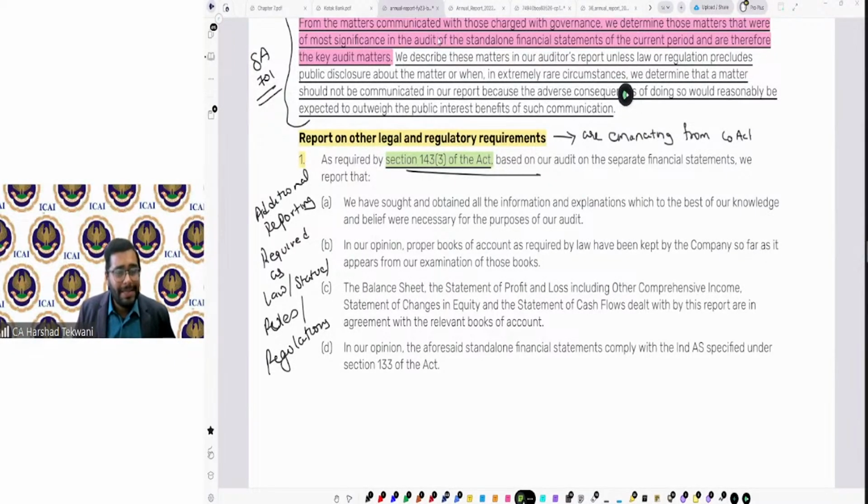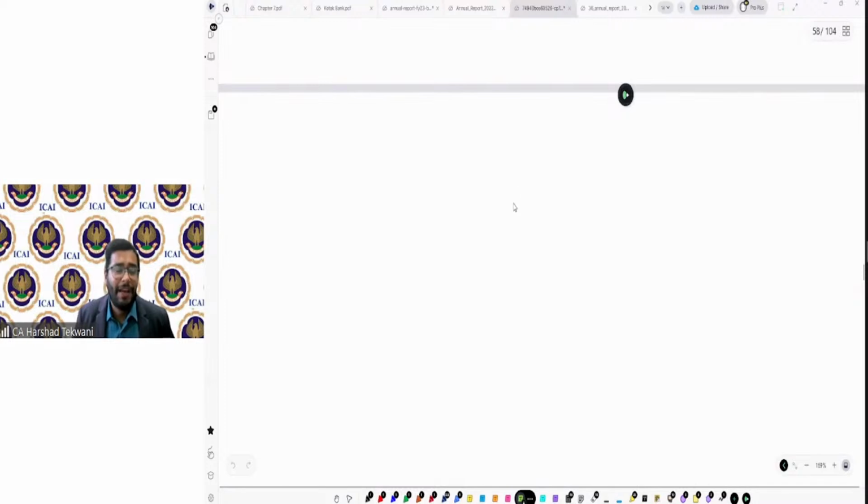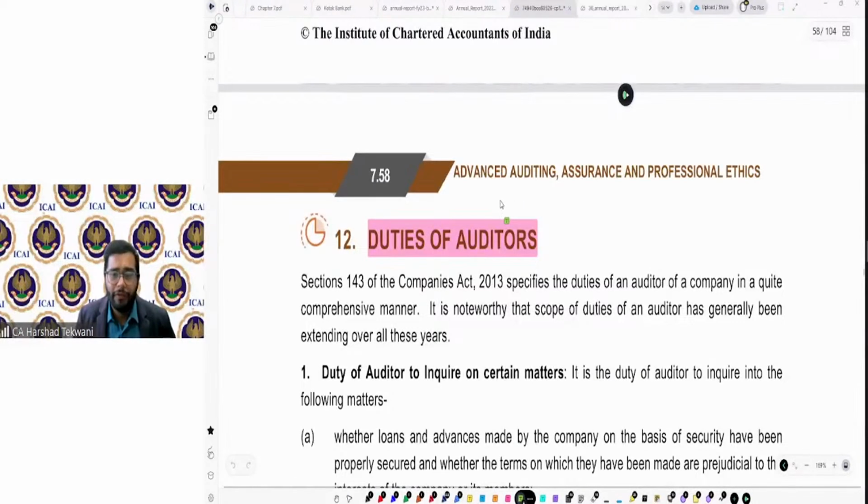So what is the reporting requirement as per section 143(3) of the Companies Act? Section 143, first of all, imposes two types of reporting requirements for an auditor, and section 143 is the main important section where reporting comes for the auditor. When I say two major types of reporting requirements, that is the powers and duties of the auditor.